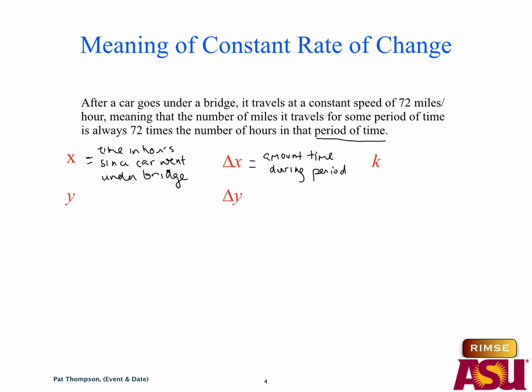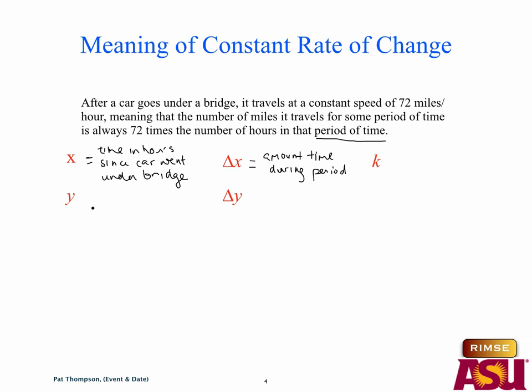Right, because I thought it was the bridge for delta x and then total time traveled, including before the bridge, like that little thing you drew before the flag. So I see what you're saying. In this scenario, I would say it makes the most sense to say x is the time since the car went under the bridge, and delta x could be any time period. It could start when the car passed under the bridge, or it could start an hour after the car went under the bridge. Okay? That's a good question for clarification.